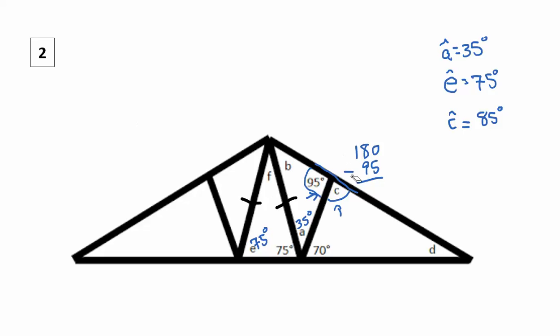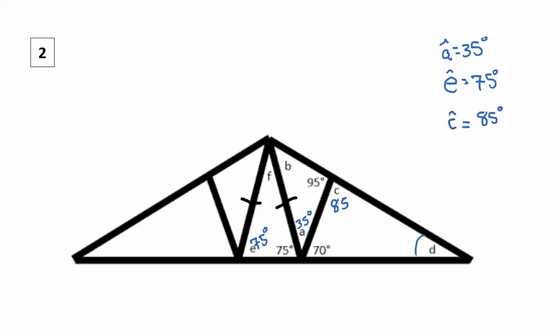So angle C, just be careful not to rub out the others. Angle C is 85 degrees. You can see how finding one angle leads you to find the others.